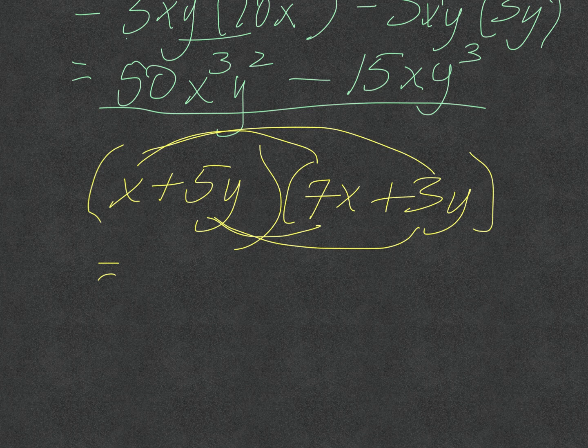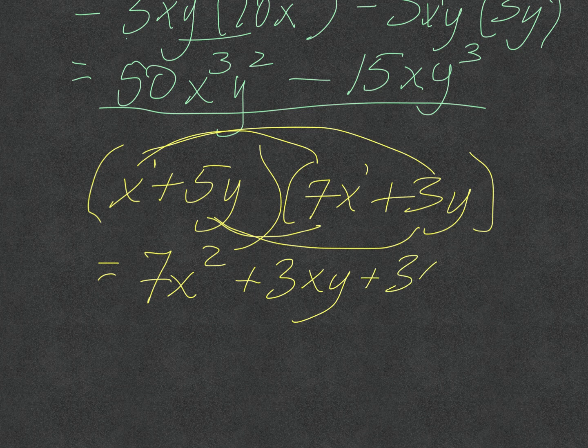Same thing, 7x times x is 7x squared, okay? Because it's x to the 1 times x to the 1, you add the exponents. And then x times 3y is plus 3xy. And then plus 35xy when we take the 5y times the 7x. And then 5y times 3y is plus 15. And y to the first times y to the first, add exponents, y squared. Okay?